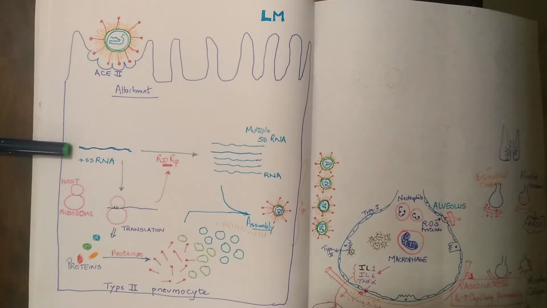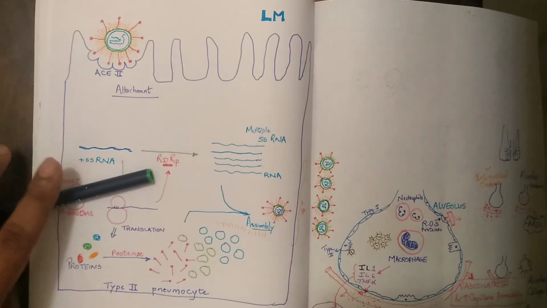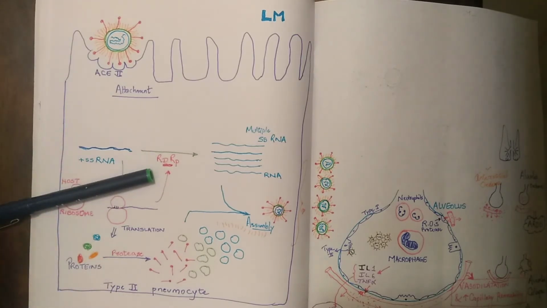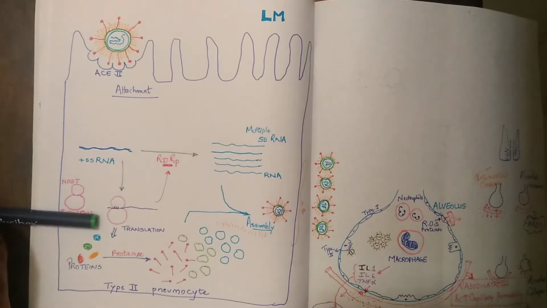This RNA immediately utilizes the host ribosomes to generate the RNA dependent RNA polymerase enzyme. It also gives rise to various translation processes through which various proteins of the virus are generated. The single stranded positive sense RNA first catches hold of the host ribosome, then undergoes translation.